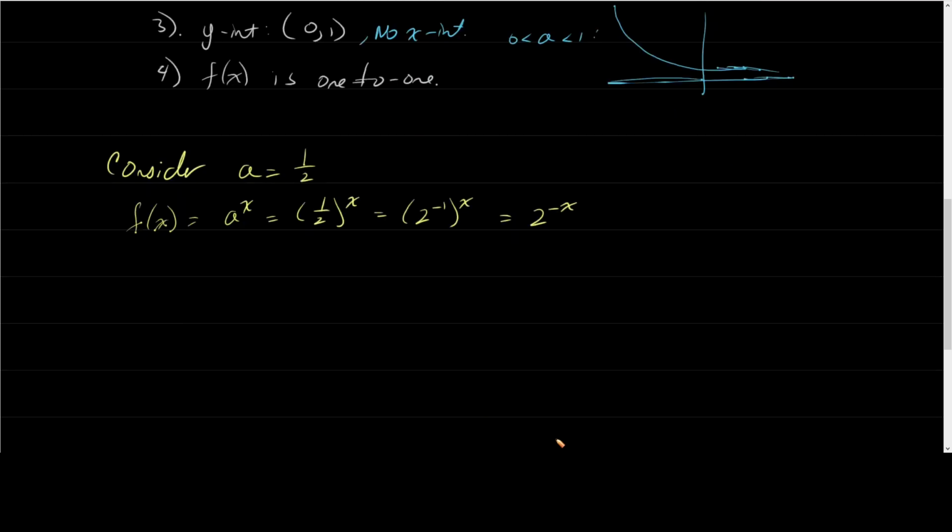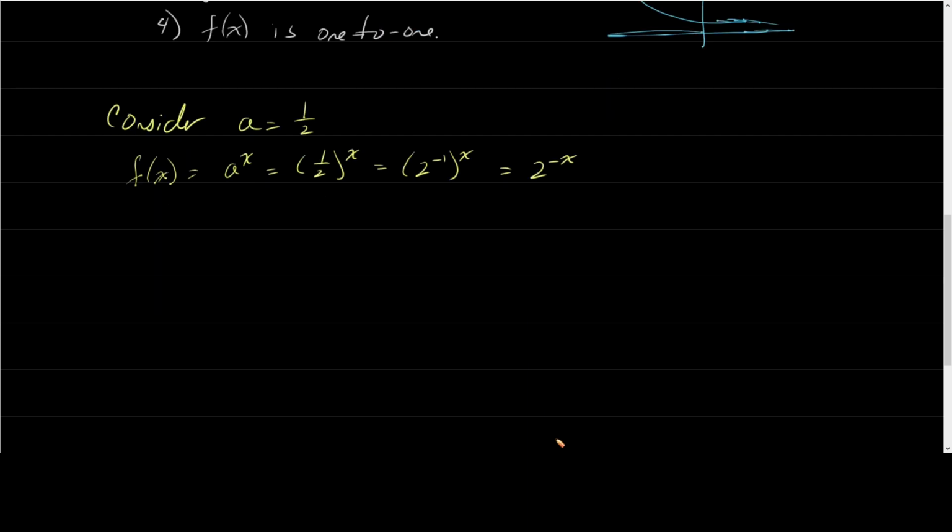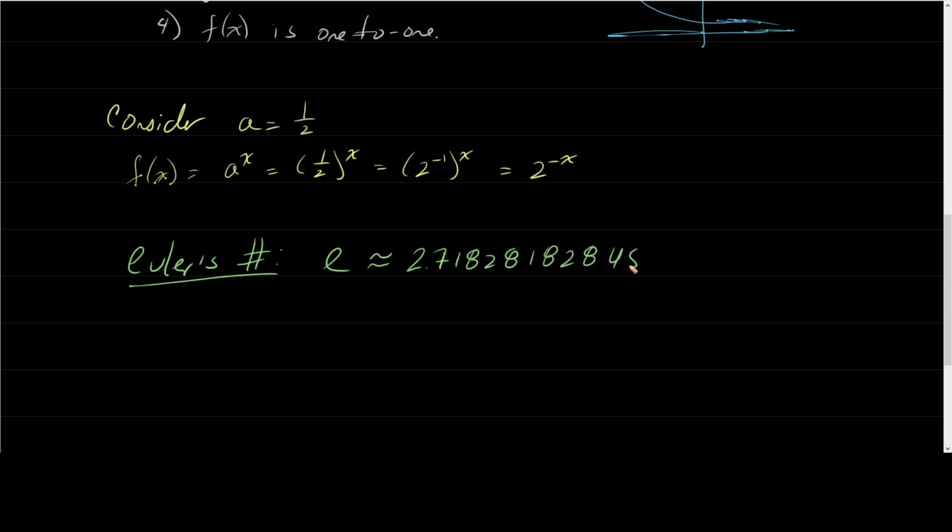Now, we also have a very special number whenever we talk about exponential functions, and that number is Euler's number. Euler's number is a number e, which is approximately 2.718, with a whole bunch of other values.